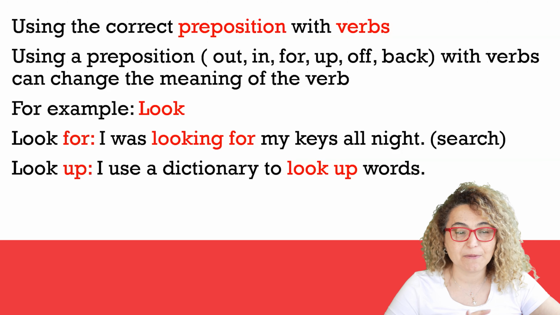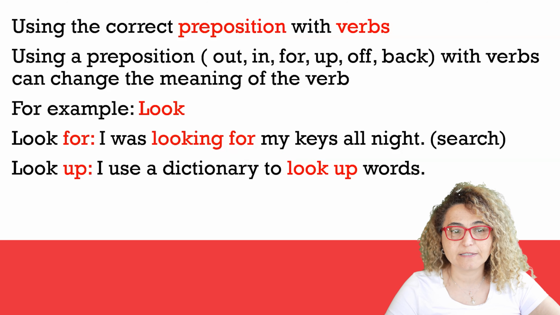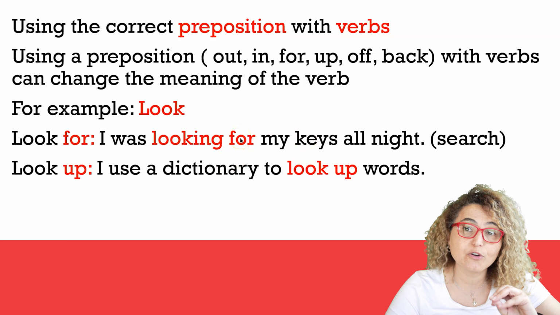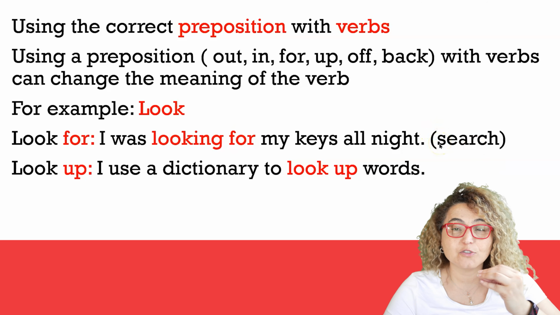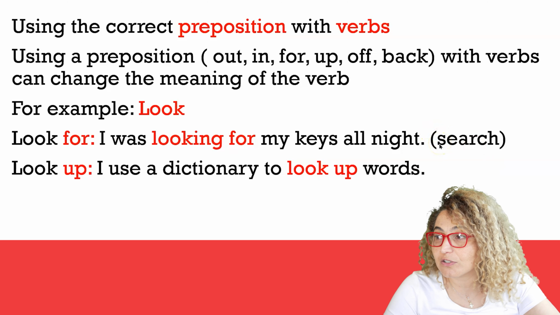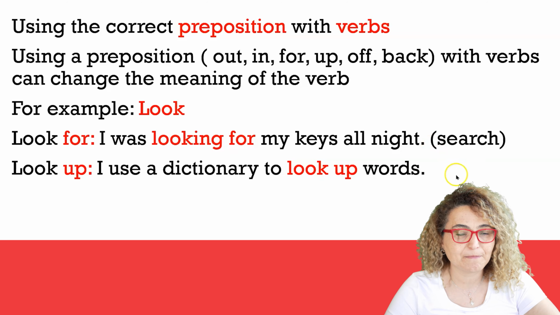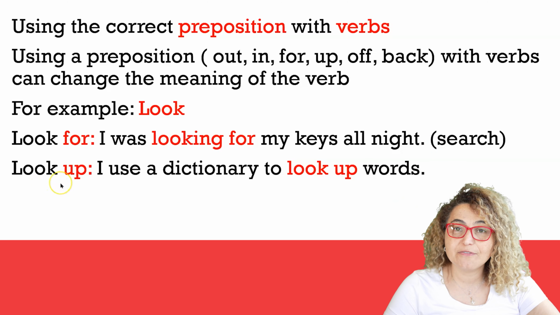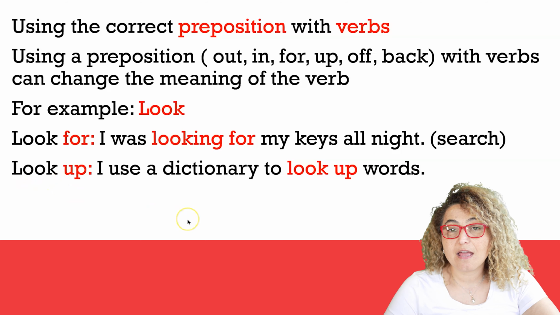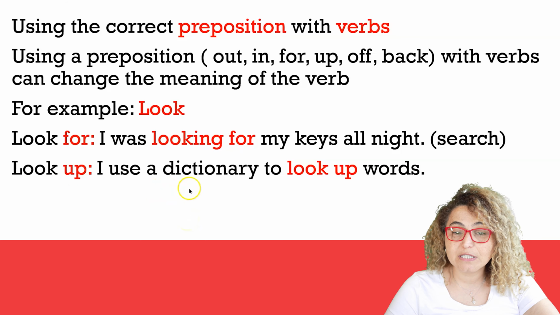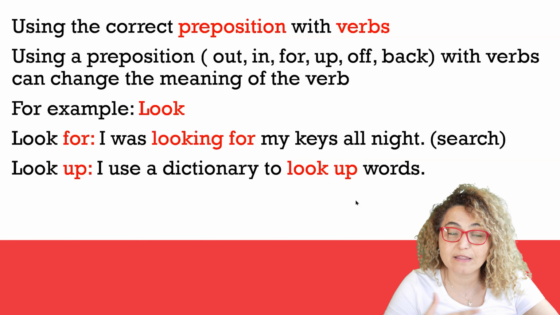So, an example. I was looking for my keys all night. Here the meaning of look for means search. So I'm looking for, I'm searching for something. I can't find my keys. Where are they? I'm looking for my keys. If I add up to the verb, look up, it means I use a dictionary to look up words, to find the meaning of the word.